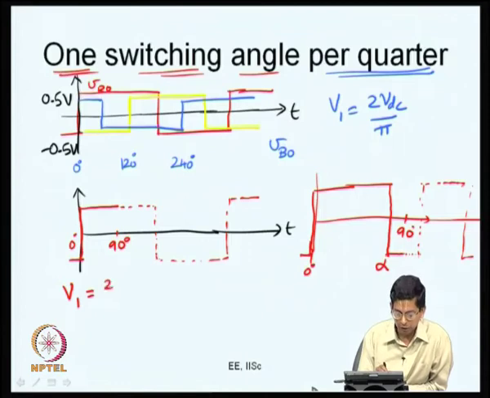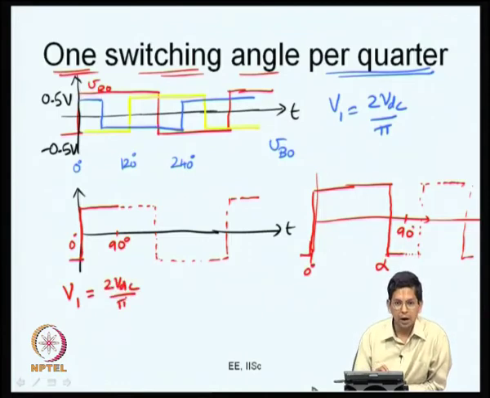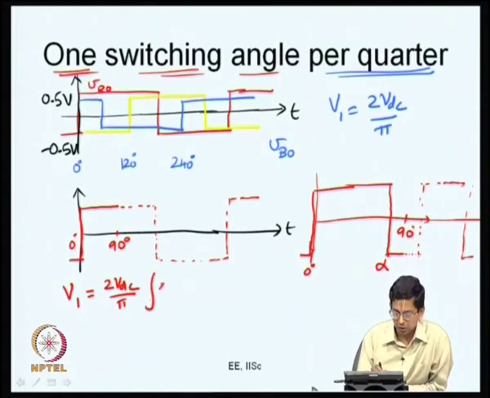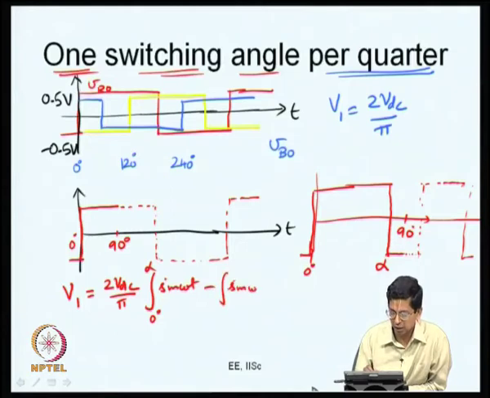So, what you have is 2 VDC by pi, and you need to integrate sin omega t from 0 to alpha, and again minus sin omega t from alpha to 90 degrees.